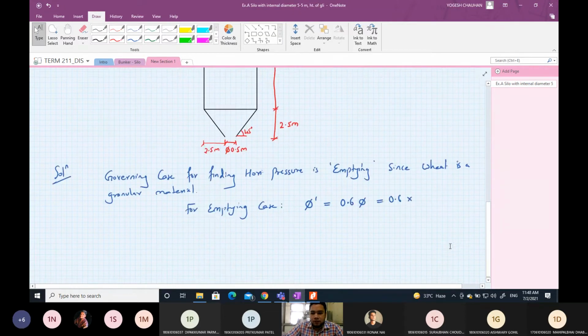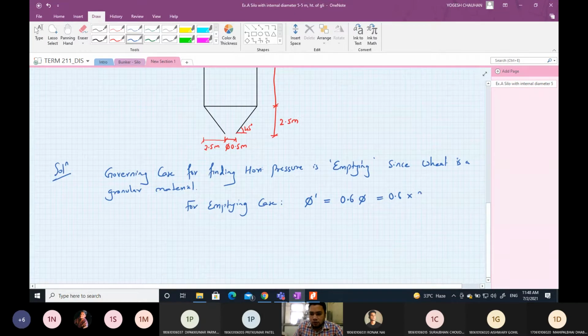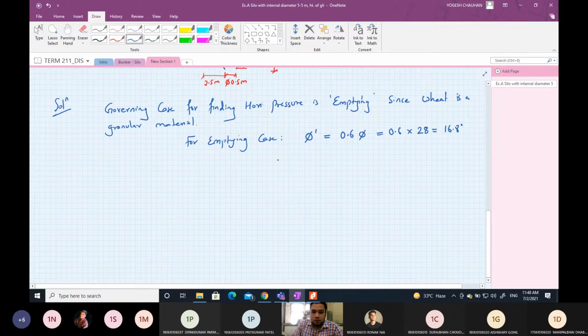so 0.6 into 28, that will be 16.8, and the pressure ratio K, which is pH by PV, is 1.